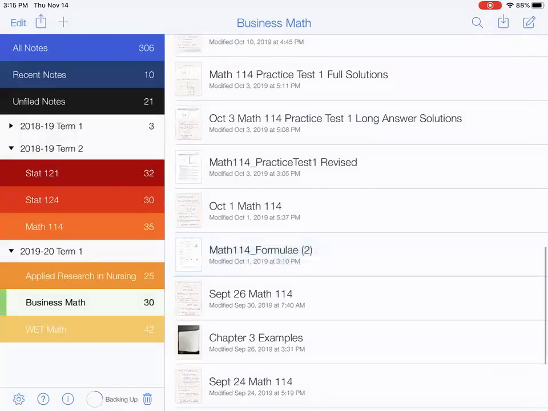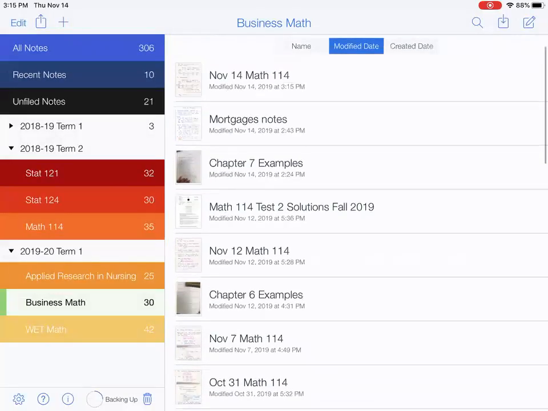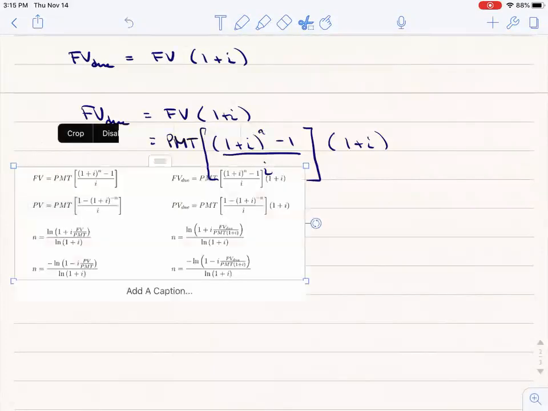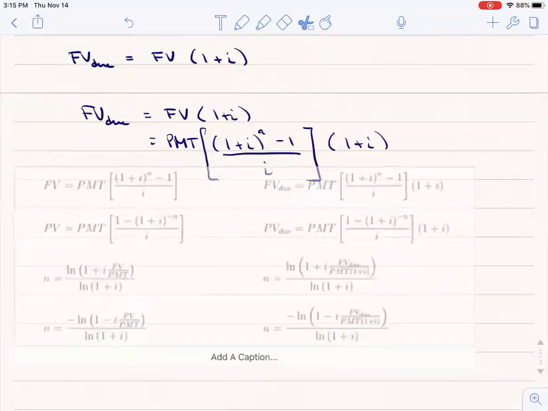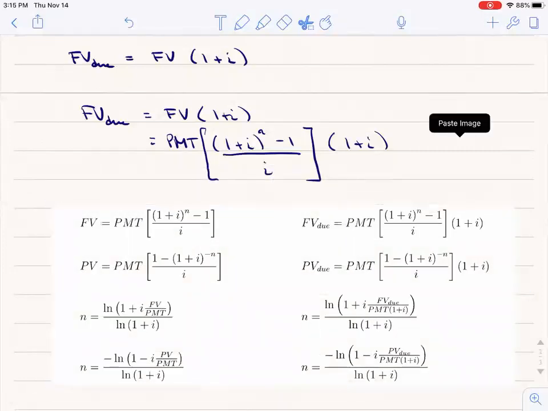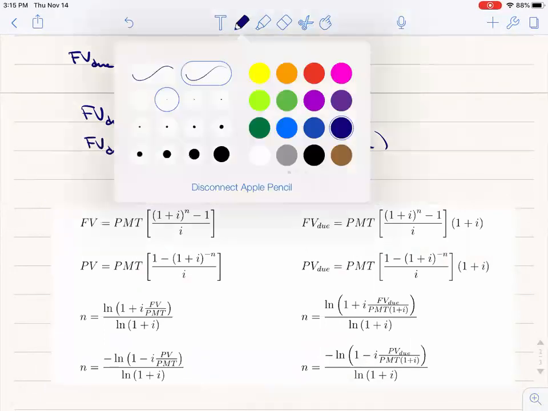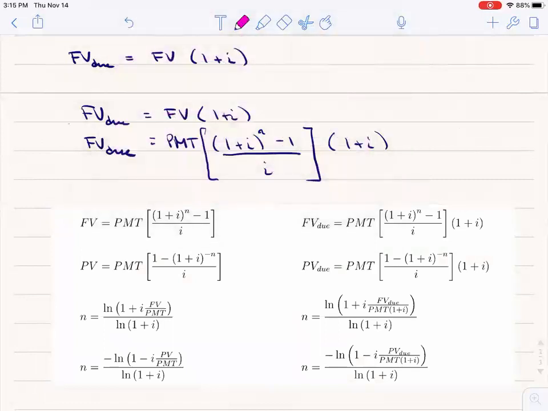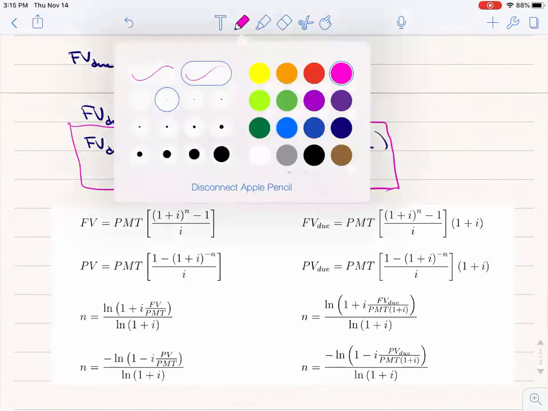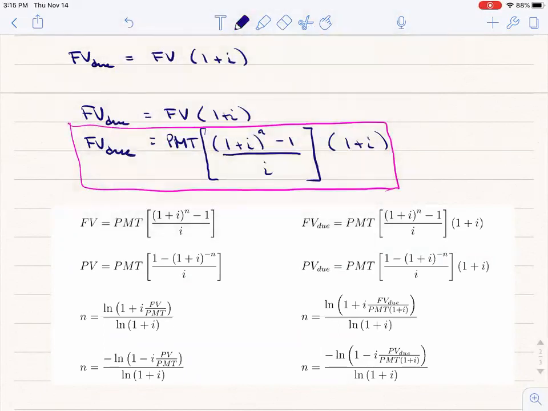Then we'll have talked about every single formula on the formula sheet. So our future value due, I'll do a pink square around it just to indicate that it's on your formula sheet, like I have been doing.